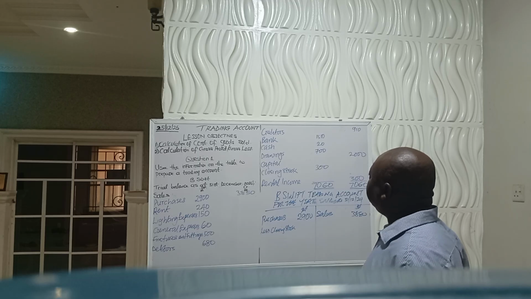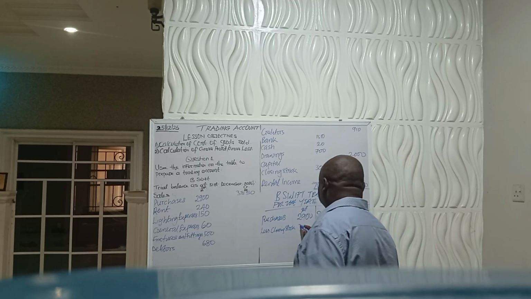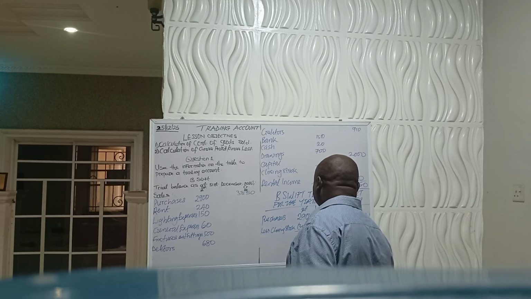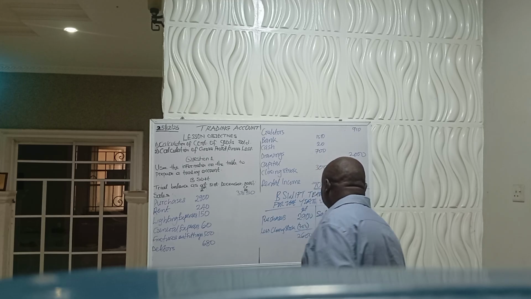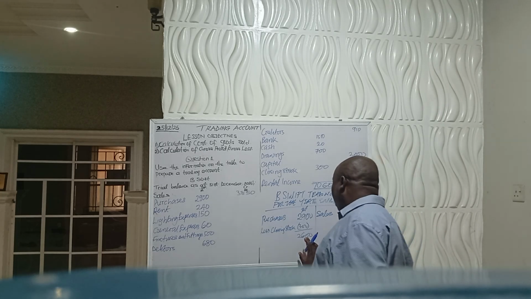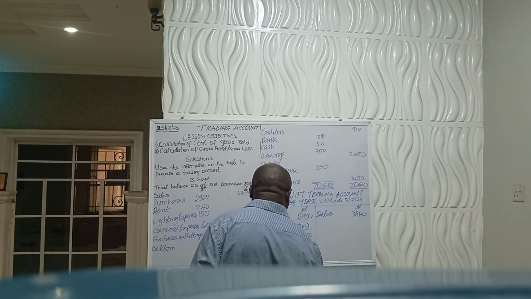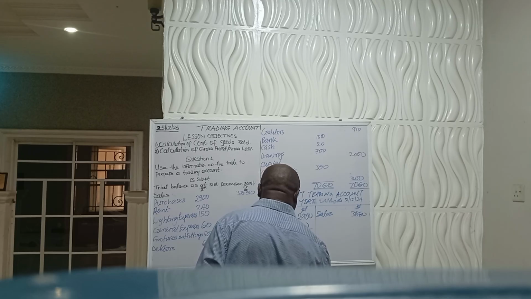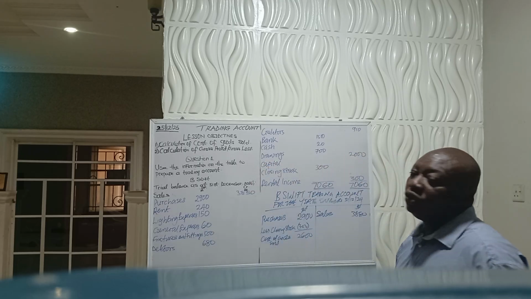Closing stock is 300. Put it in brackets. This will give you 2,600. Now, this is your cost of goods sold.